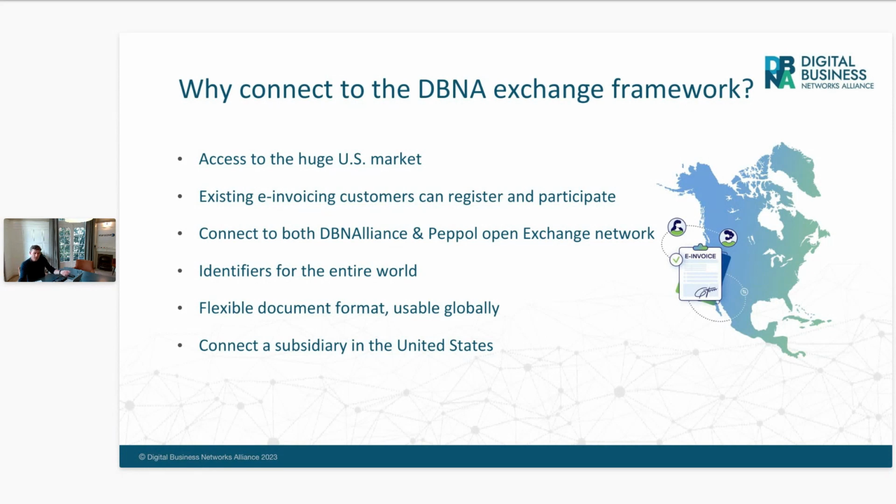That means you can also send to the European company from that subsidiary, and that European company could also be connected to the Peppol network. So there's quite some interoperability possible between the networks. The networks, to emphasize, are not interoperable yet. But if you work with automatic format generation, I will show that later, you can make that possible.